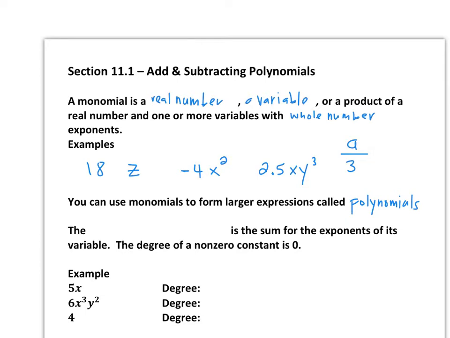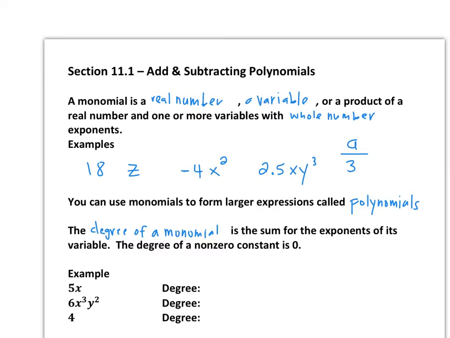Now, we have something called the degree of a monomial. All right, and the degree of a monomial is the sum of the exponents of its variable. Okay, the degree of a non-zero constant is 0.